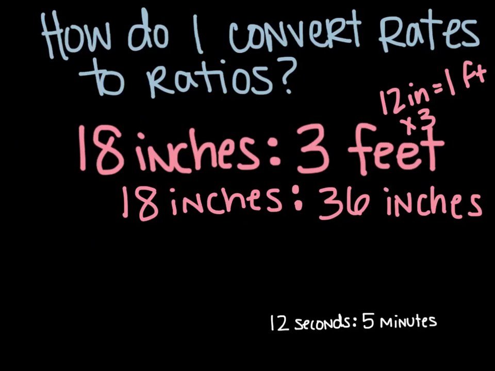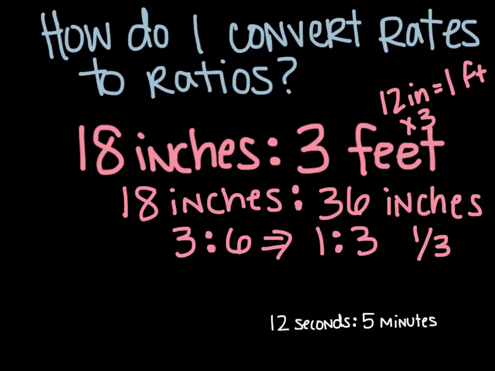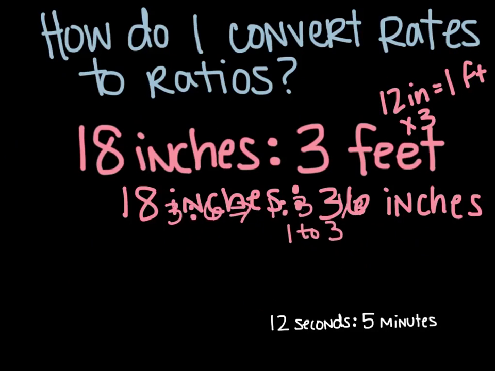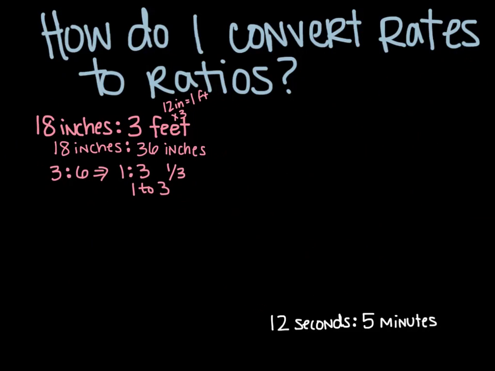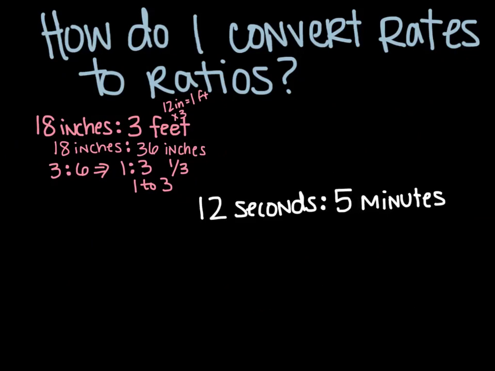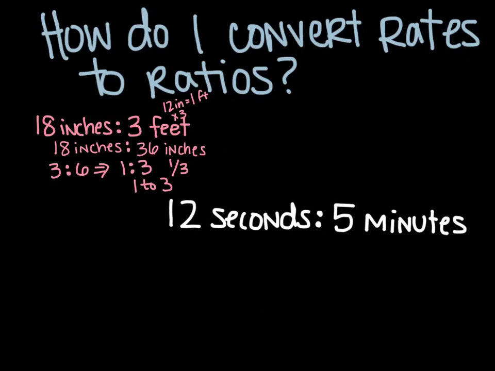And if I divide by 6, I will get 3 inches to 6 inches, and that can even be reduced even further. 1 to 3, ratio of 1 to 3, and then I can write it as a fraction or using words as well. And like I said, rates can be written in all 3 ways as well. I just didn't show you those in the other examples.